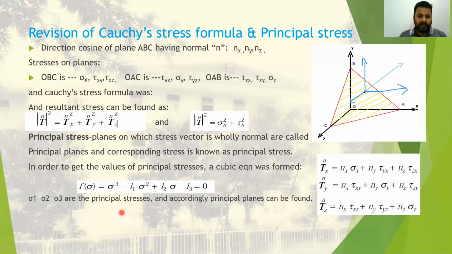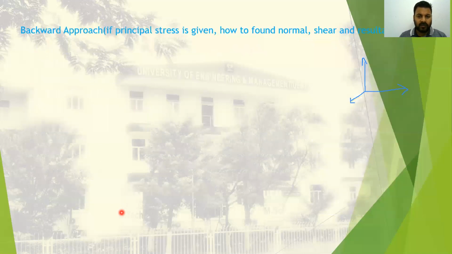After that, we learnt about the Mohr circle in 2D plane. However, we are still left with the topic of Mohr circle in 3D plane. Once I complete principal stress, a backward approach, we will move forward to the Mohr circle in 3D plane.